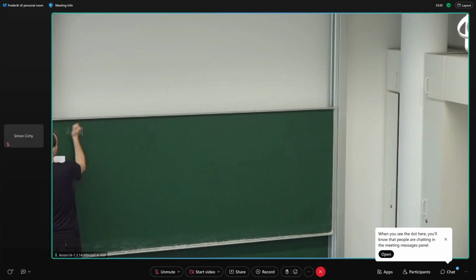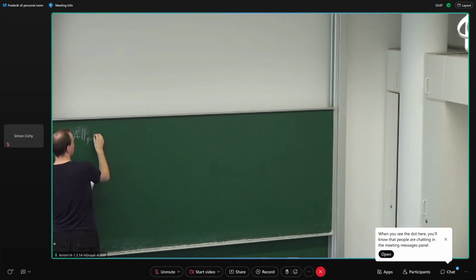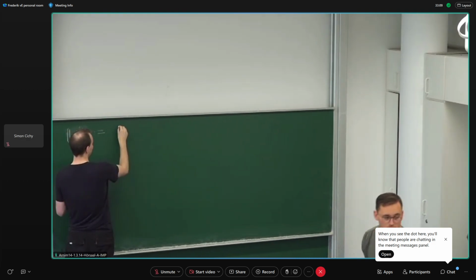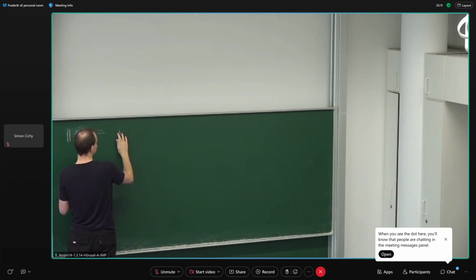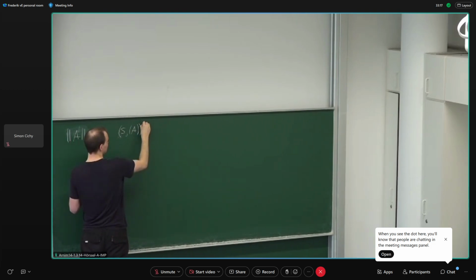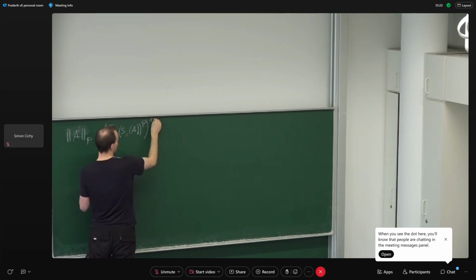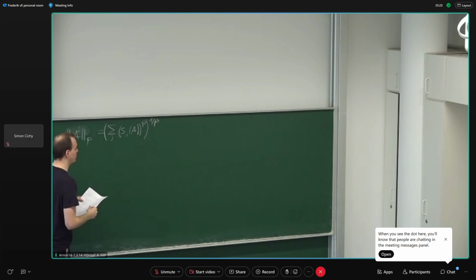Given some matrix, we define its p-norm as the sum of its singular values to the p power. We sum them all up, and then we take the p-th root again.